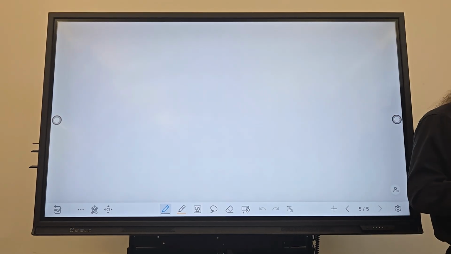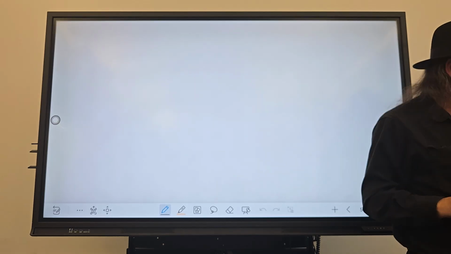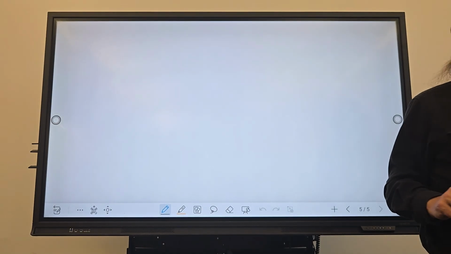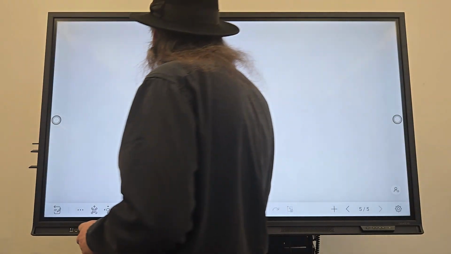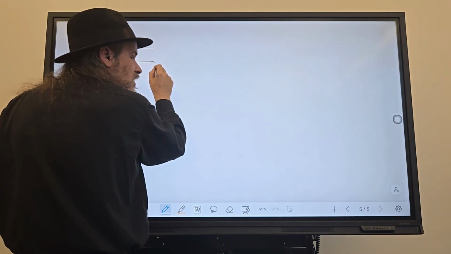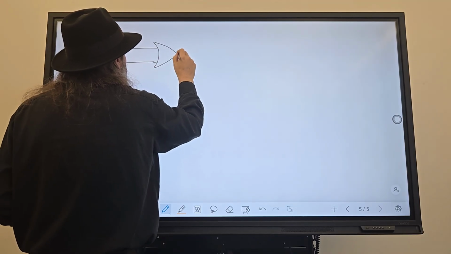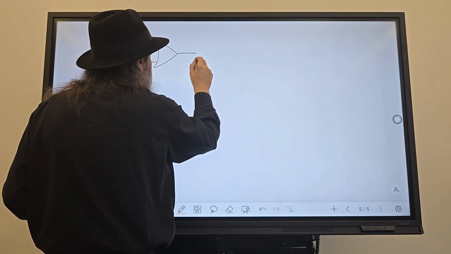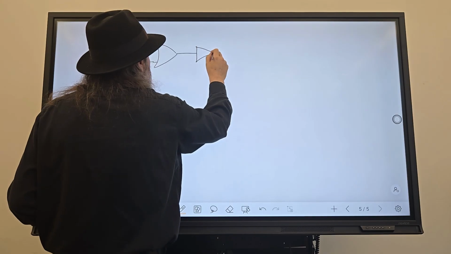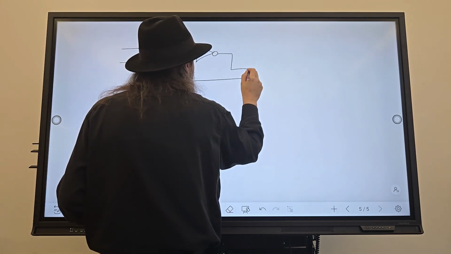If you're given a set of input signals for a circuit, you can find its output by tracing through the circuit gate by gate. And I've got a little example here. So we've got an OR gate, inverter, and an AND gate.